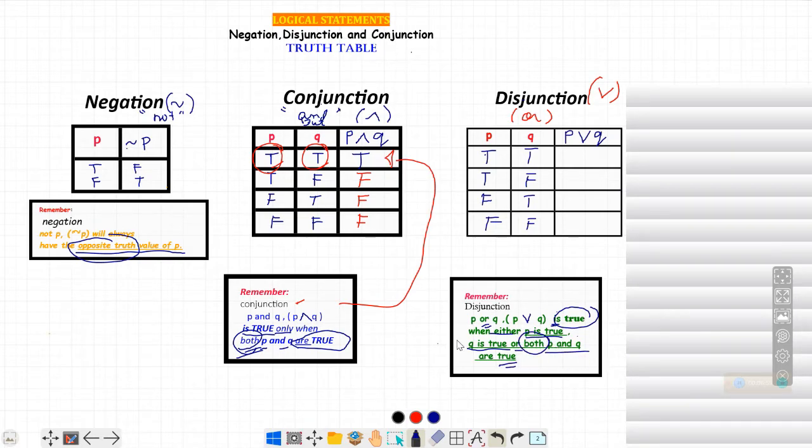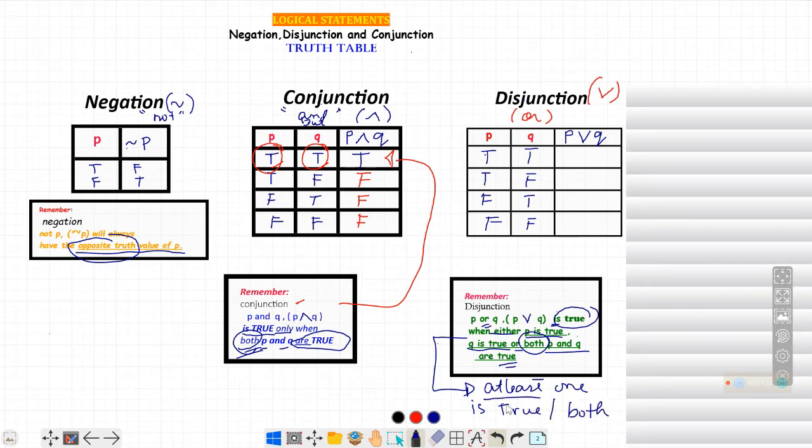What does that mean? Meaning the disjunction statement is true if at least one of the statements is true. Or it can also be both.